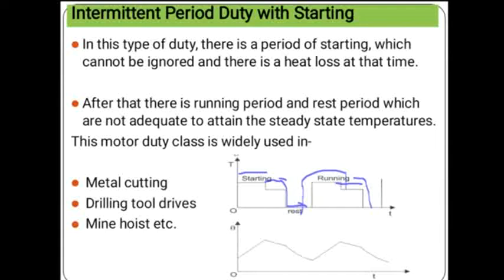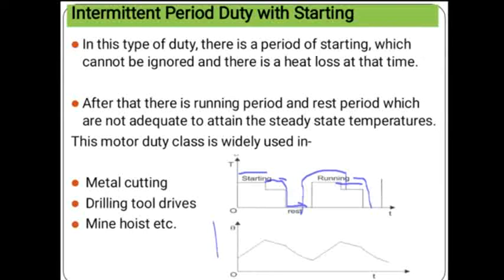As in the next graph, this is the temperature versus time. You can also observe that. An example of this motor duty class is widely used in metal cutting, drilling tool drives and mine hoists. So this type of duty cycle is used in such examples.